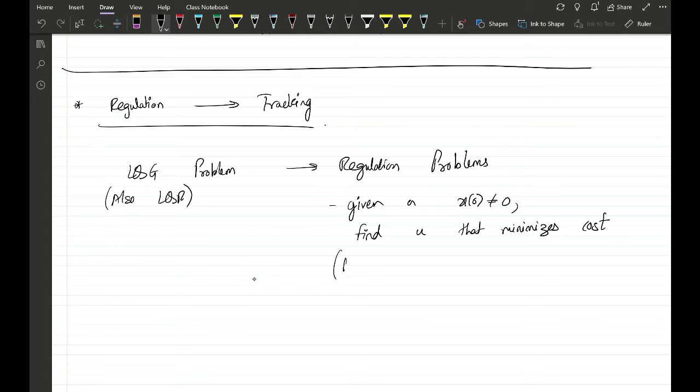So there is no reference present in the cost.